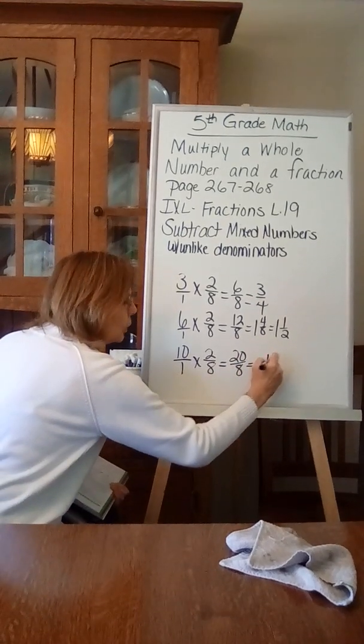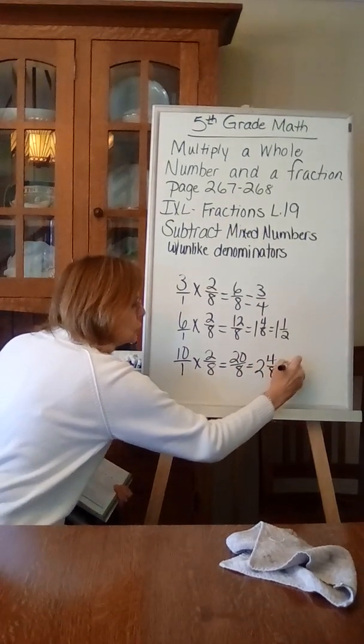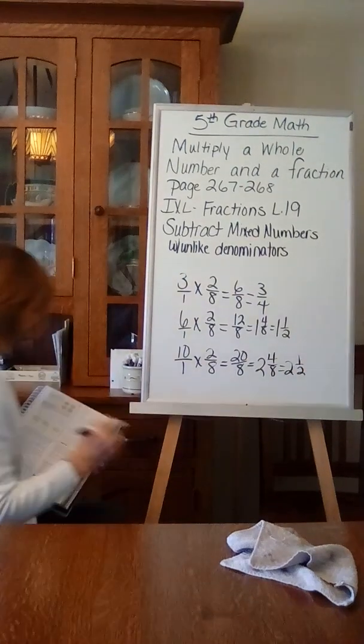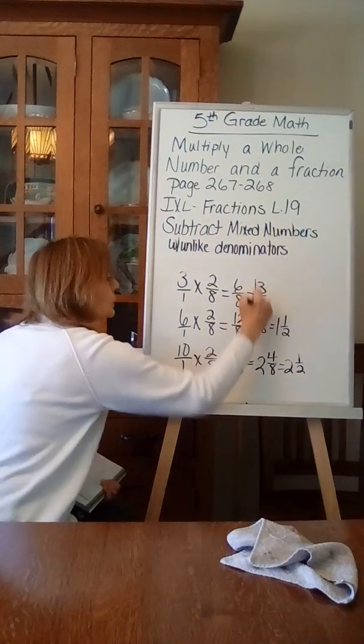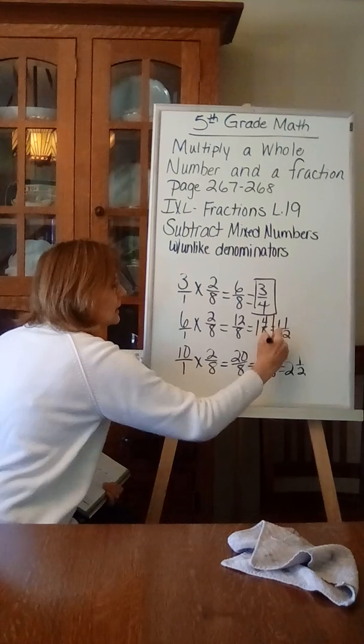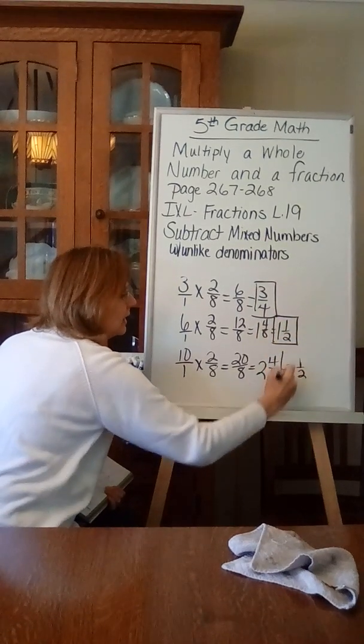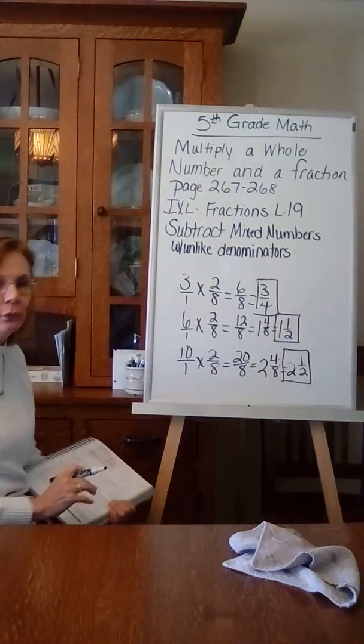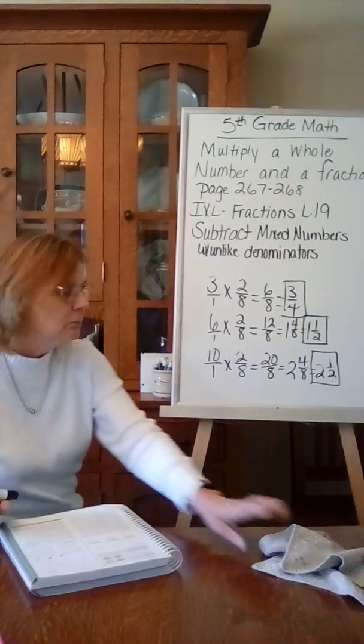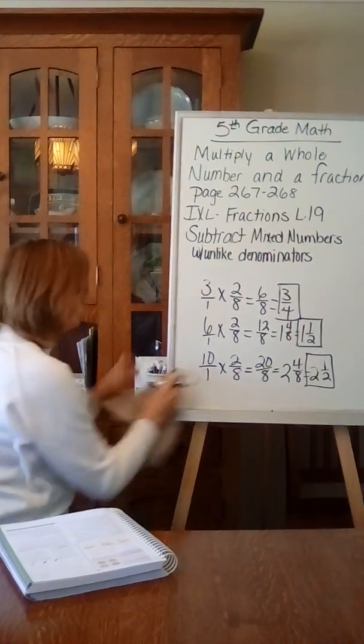I've got 4 left over, 4/8, 2 1/2. So when you're completing that table, in the first box you have 3/4, second one you have 1 1/2, and the last box you have 2 1/2. All right, make sure you're reducing.